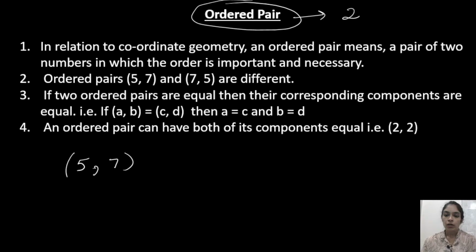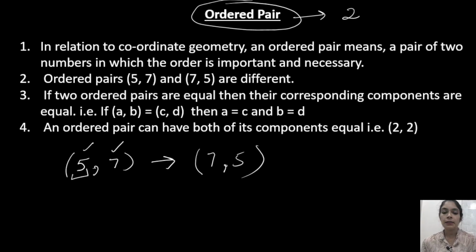Whenever an ordered pair is there, order is very important. If 5 is written first, then 5 should only come first. I cannot write 5, 7 as 7, 5. Whatever is written at the first place should stay at the first place, and whatever is at the second place should stay at the second place.